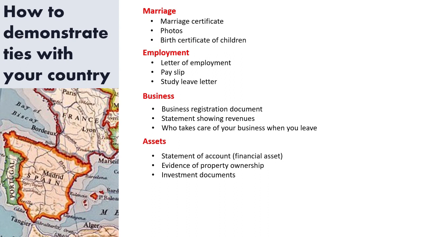So you want to provide property deeds. It may be in the form of insurance, or evidence that you are paying property tax, or contracts that you signed when you closed the deal at the time you purchased the house. These are the documents you can use to show assets and to demonstrate ties with your country.